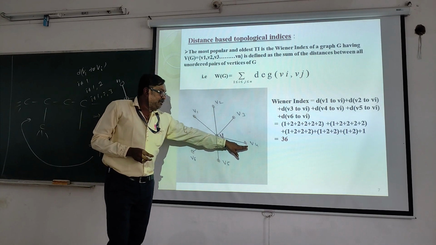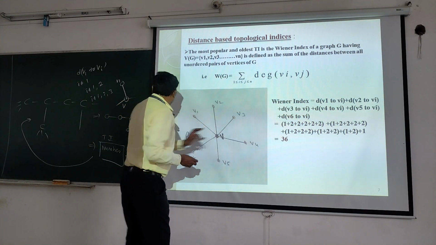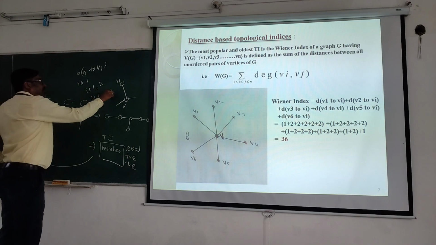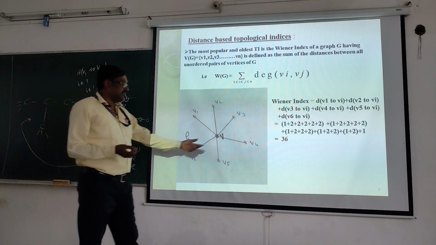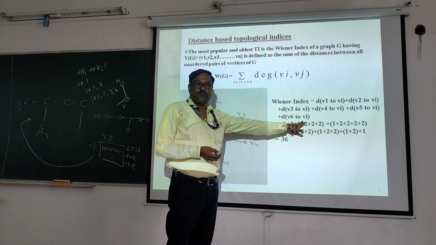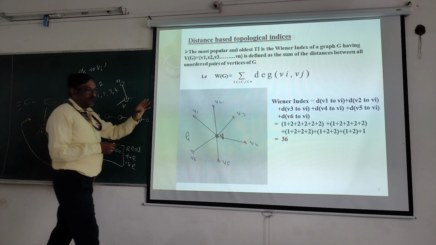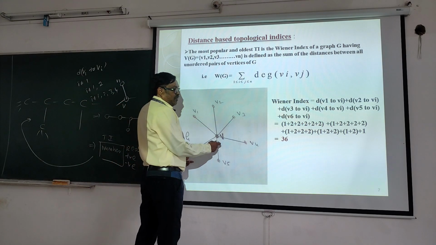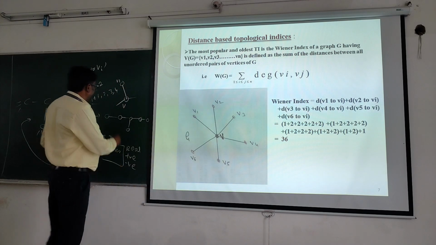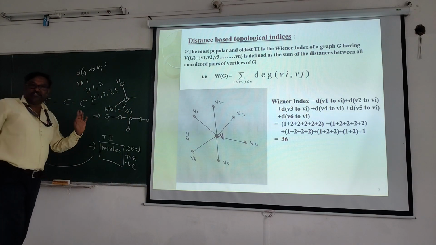Similarly, for d(V4, Vi), I am using i not equal to 1, 2, 3, 4. Then V4 is directly V5 and V6. Similarly, for d(V6, Vi), I am using i not equal to 1, 2, 3, 4, 5, then obviously V6 to V. After substituting all the values, we are able to find out the Wiener index of the given graph: W(G) is equal to 36.